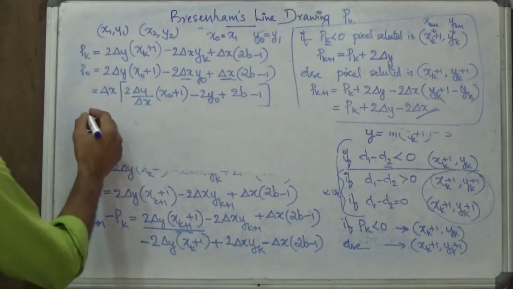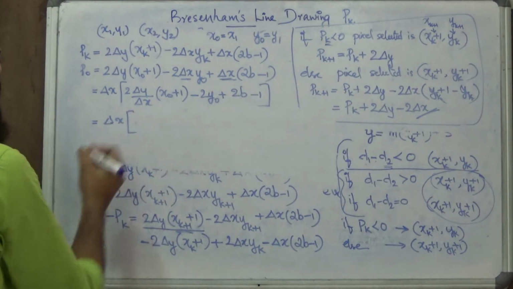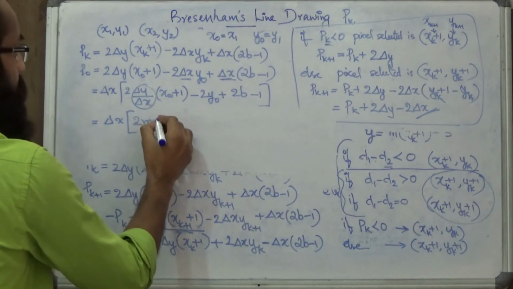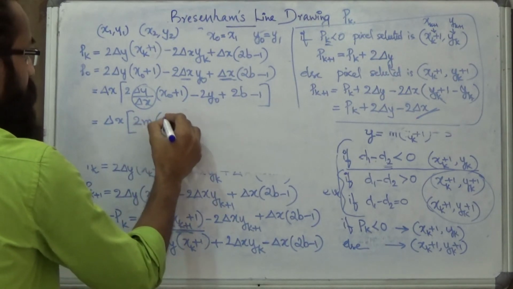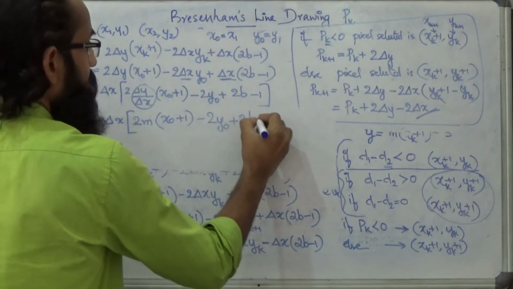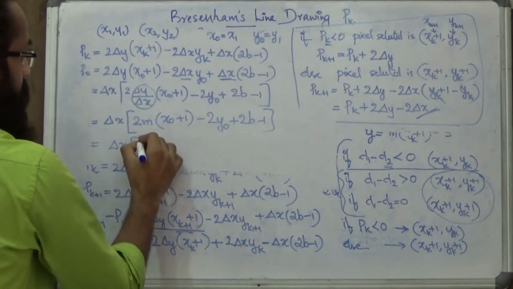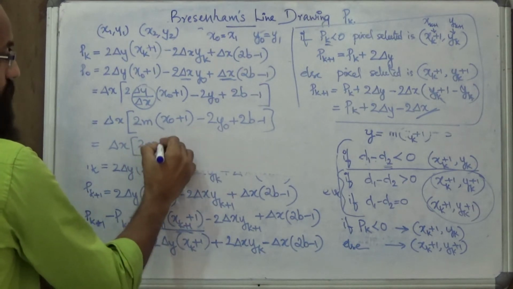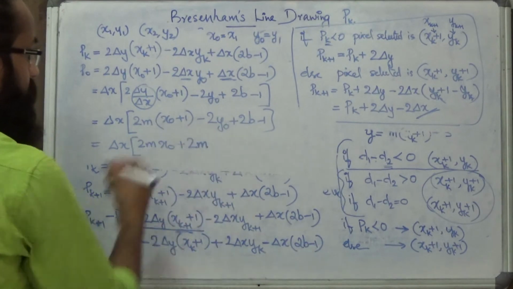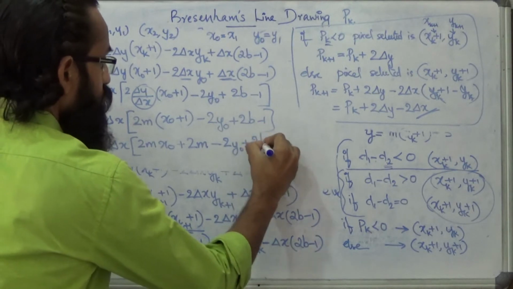Okay. Now this will be equal to delta x into, so this is actually m, so I can write 2m into x0 plus 1 minus 2y0 plus 2b minus 1. So this will be equal to delta x into, I am expanding this, 2m into x0 plus 2m minus 2y0 plus 2b minus 1.